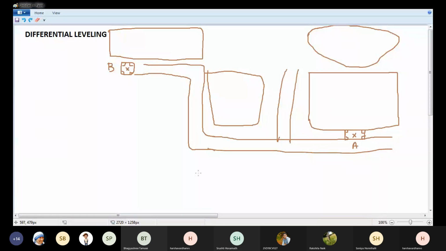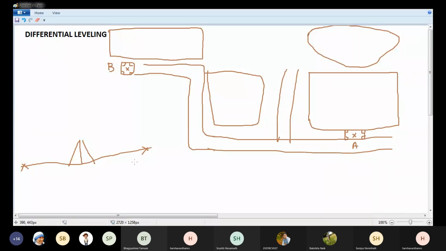If the 2 points are nearby, I'll set up my instrument only once and I'll take staff reading on those 2 points from the same point, because those 2 points are visible from that particular instrument station. If this is point A, this is point B, and they're both nearer to each other, I'll set my instrument in between such that both the points are visible.